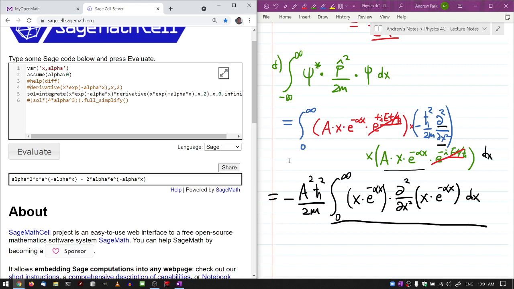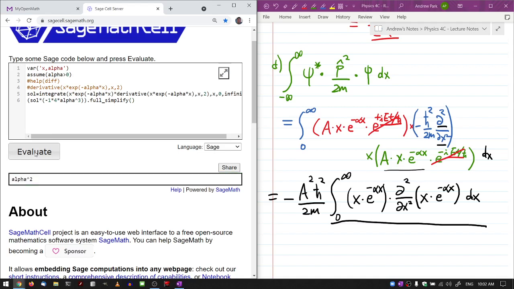And I'm going to take the resulting solution and multiply it by 4 times alpha to the third power. That's my a squared. And let me actually multiply it by minus 1 as well. I'm hoping that'll give me some kind of a positive expression, and I'll multiply that by h bar squared over 2m. That'll be my final answer. So evaluate.